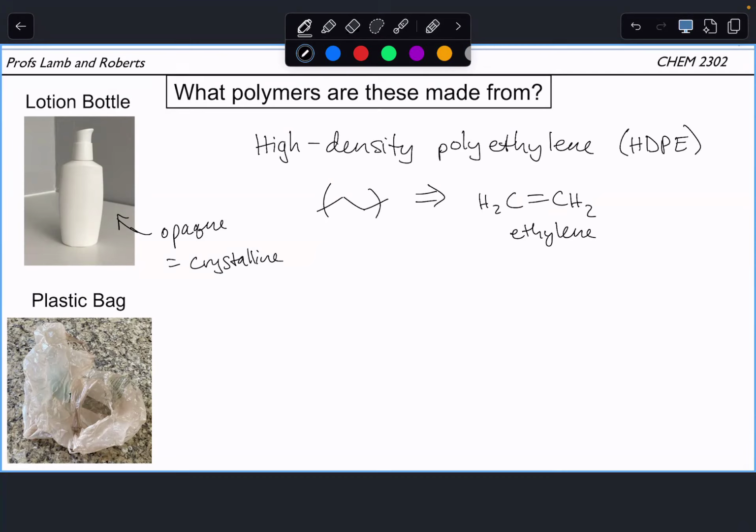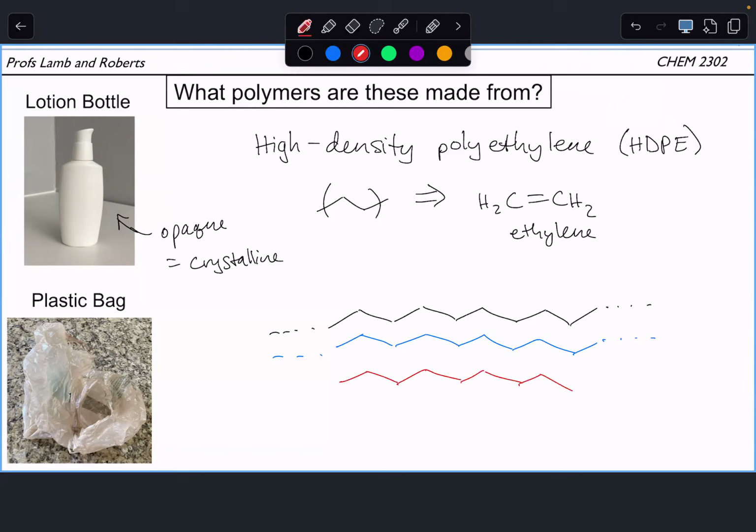That means that the chains line up. Again, that continues on, like so. And actually, sometimes the same polymer will come back around and line up with itself again, like this.